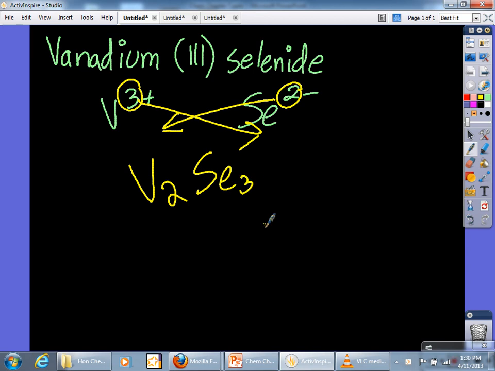Yeah, but this is neutral. +3, +3, and 2 minus, 3 times. So basically the crossover method already gives you a shortcut to find the neutrality. So 2, 4, 6, 3 + 3 is 6, it balances, it's neutral. So it's always neutral. The crossing method just gives you an easy way to figure out the neutral numbers.